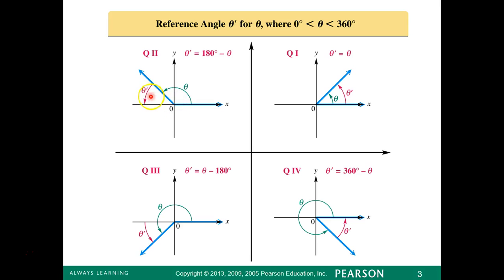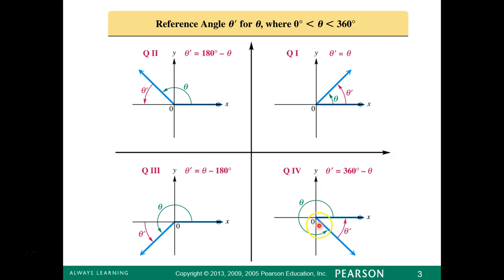So 180 minus theta will give you your reference angle. We don't want a negative angle, so we take theta and subtract it from 180, and that will give us our reference angle.